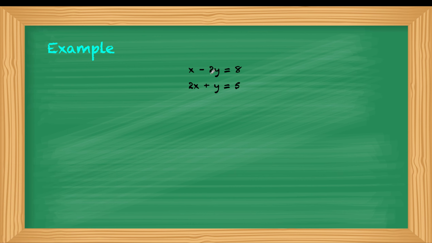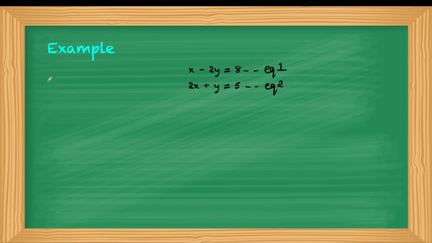Firstly, we are going to label our equations. So I'm going to write EQ, shortening for equation, and call that equation 1. I'm also going to label my second equation as equation 2. Now, remember, we need two of the terms to have the same variables as well as coefficients so we can remove them.